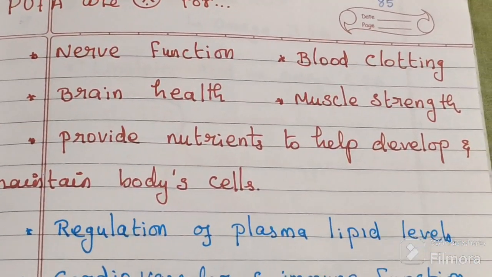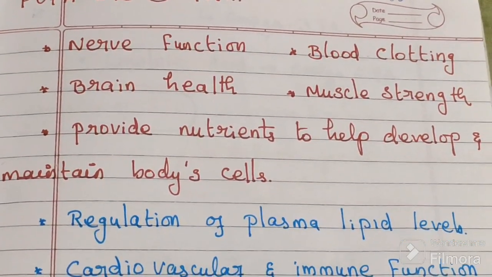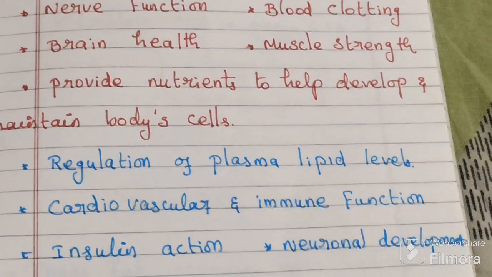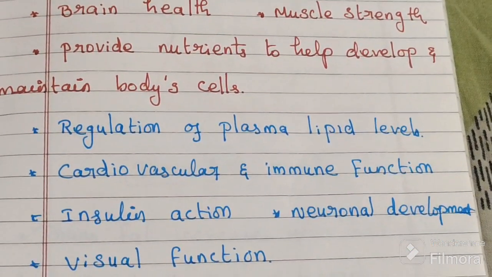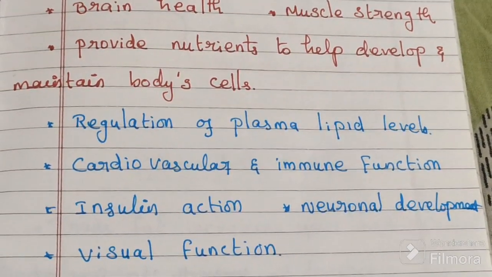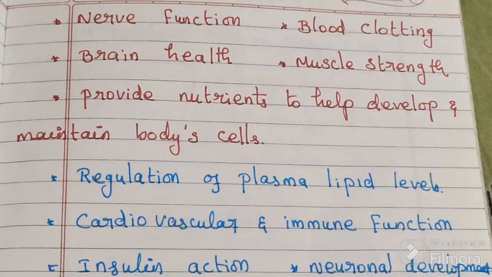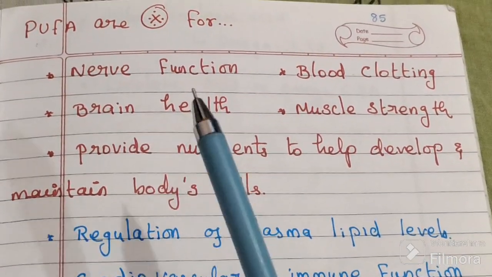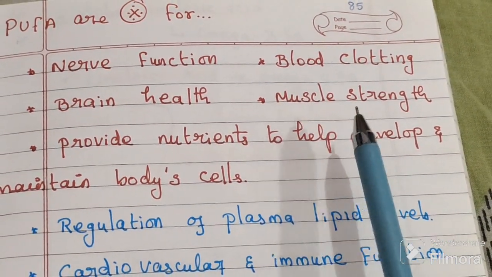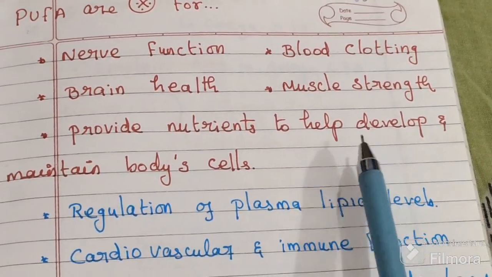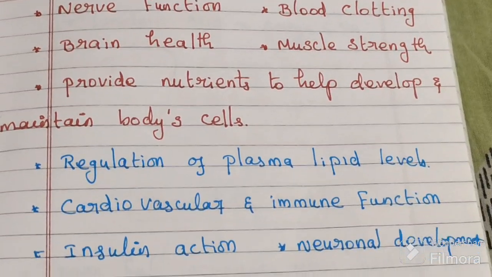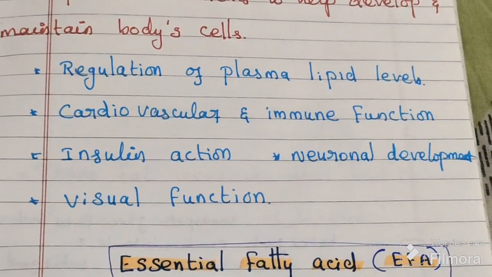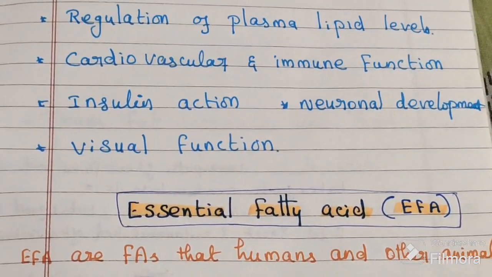They provide nutrients to help develop and maintain body cells, regulation of plasma lipid level, cardiovascular and immune function, insulin action, neuronal development, and visual function, so eye-related problems are reduced.